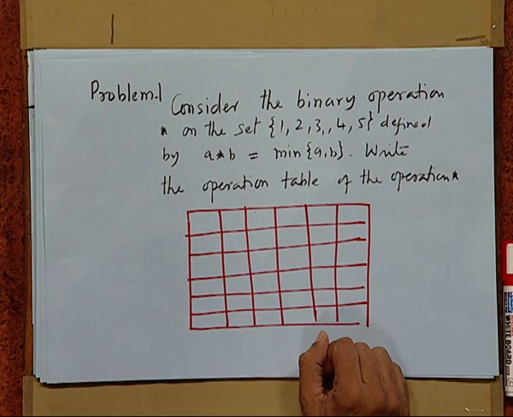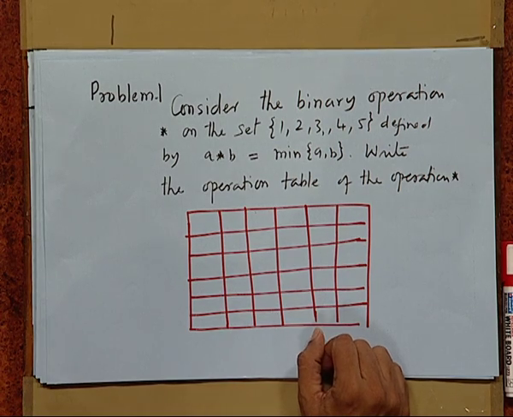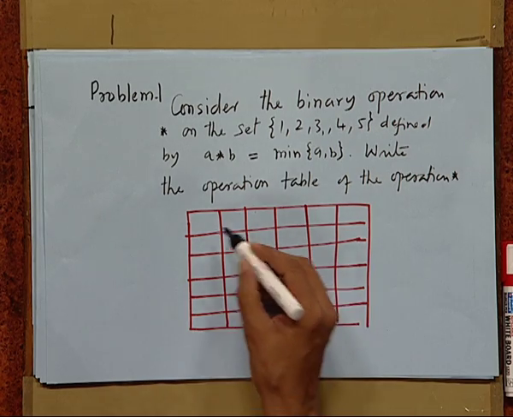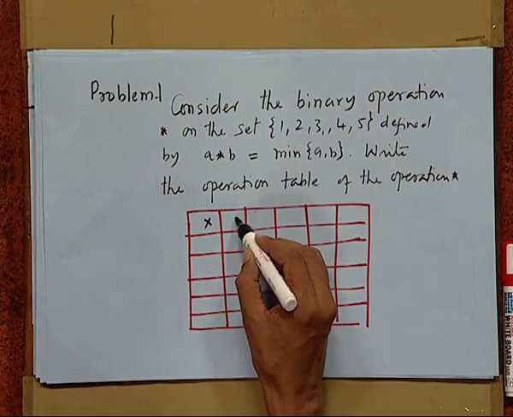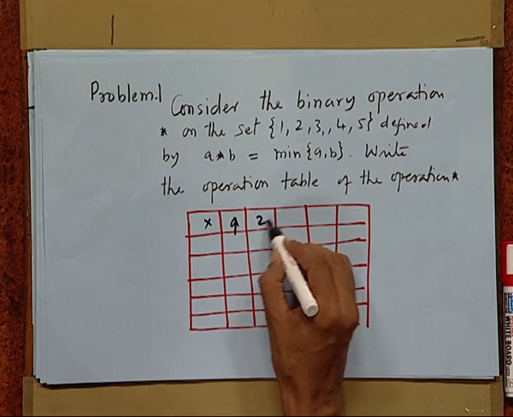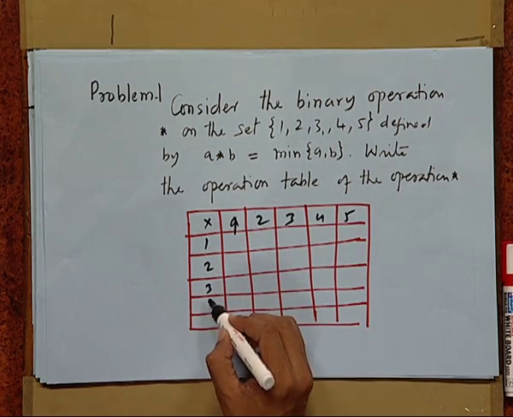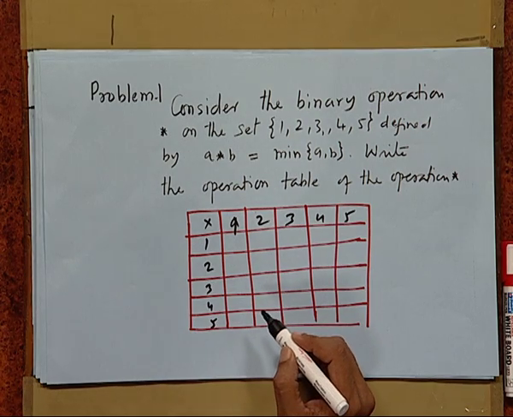Here we have 5 elements. So, we make a 6 by 6 array. We first write the elements at the top: 1, 2, 3, 4, 5, and again 1, 2, 3, 4, 5.